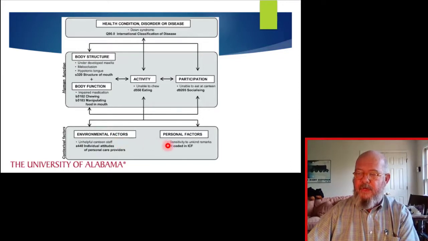There is no code in ICF for this personal factor, which is that the child is sensitive to unkind remarks. So you see, when you look at the problem of this child's inability to chew, we are able to look not just at the child's impairment, but also at issues about participation and therefore the child's quality of life, as well as the environmental and personal factors that have an impact on the child's eating and participating at meal times.